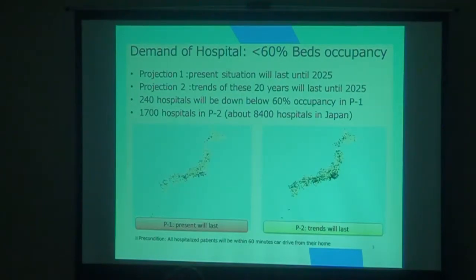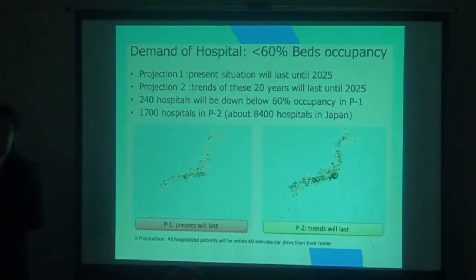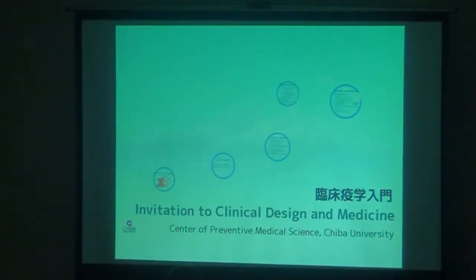How to control hospitals is a very difficult problem we are facing. So we are talking with the government and also local governments. And this is what we are doing now.